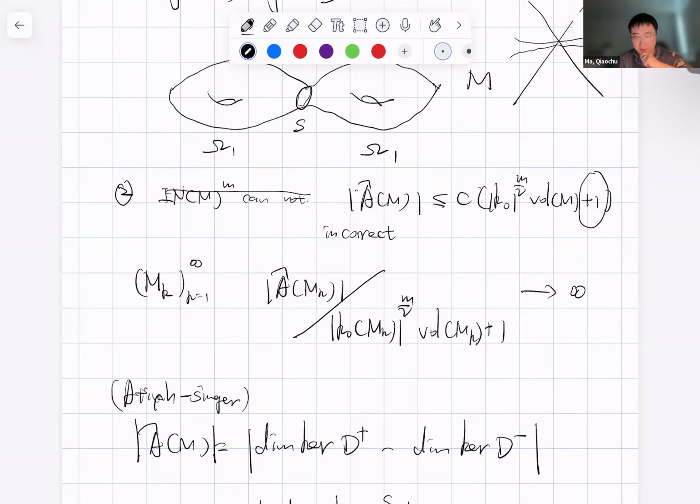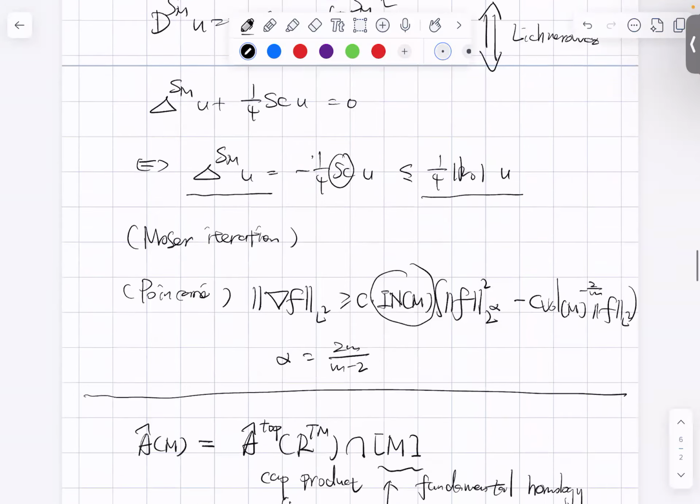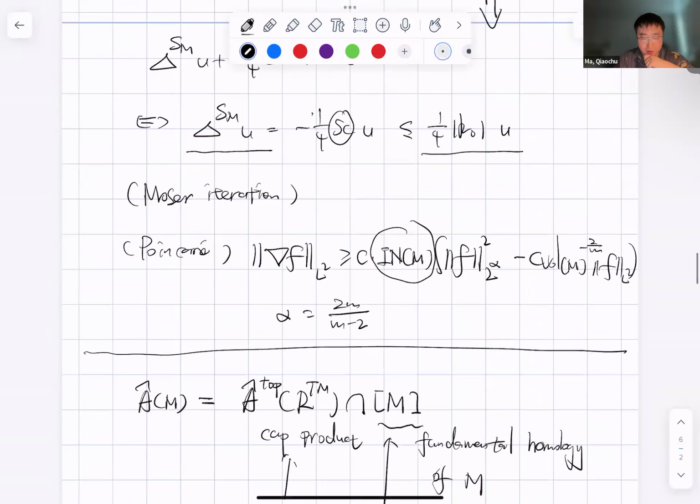Yes. So first of all, we cannot remove this +1. If we just remove it, this is incorrect because we have examples with K0 being 0, but the A hat genus is not 0. Secondly, the +1 term actually comes from the Poincaré inequality, from this term.